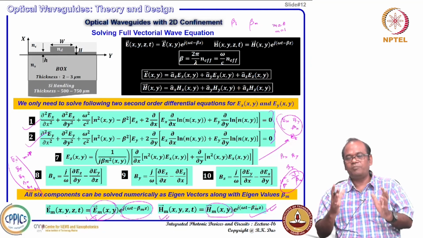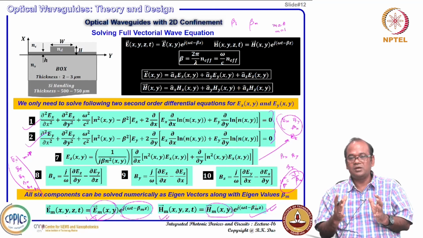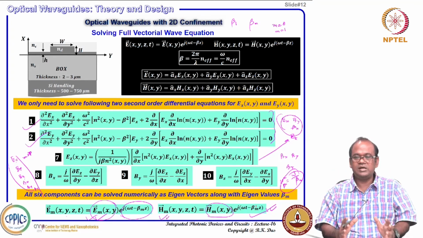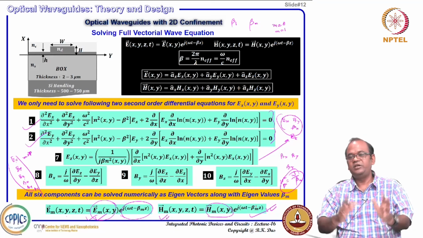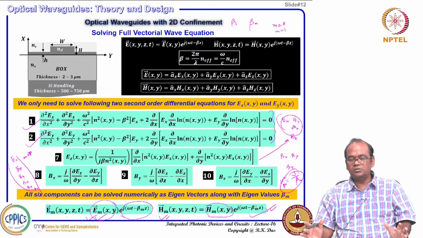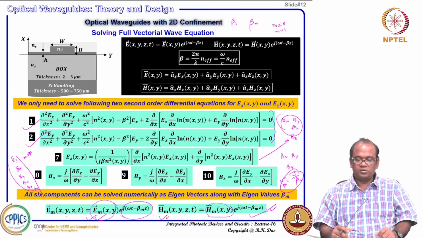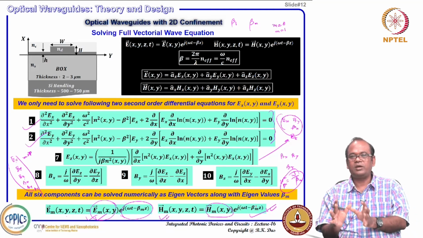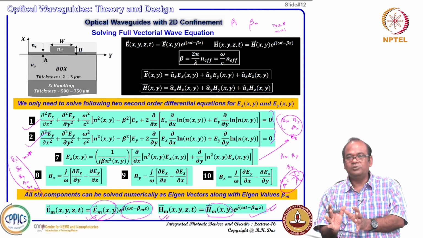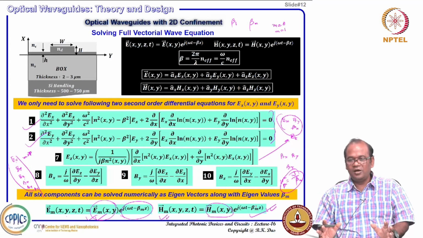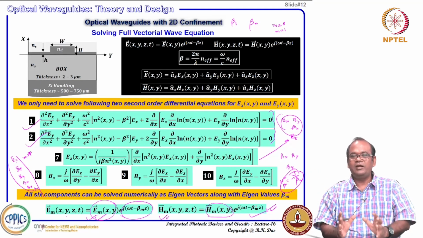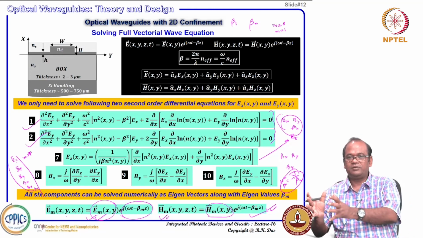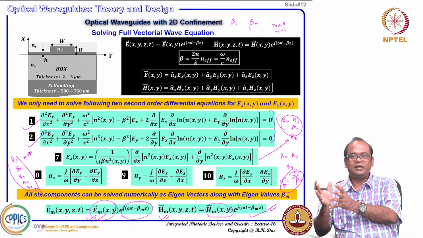So you have to take help of some numerical method, and nowadays, as I mentioned, there are plenty of software packages available that you can use to solve the field distribution. Once you know the field distribution and propagation constant, you know everything about the waveguide, and now you can use this waveguide for developing your photonic integrated circuit.